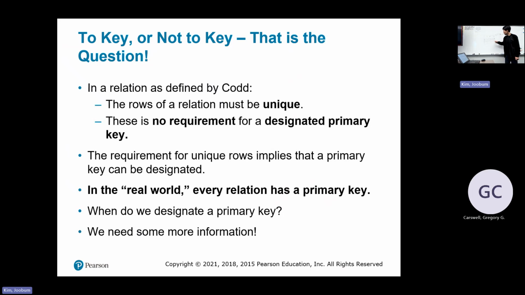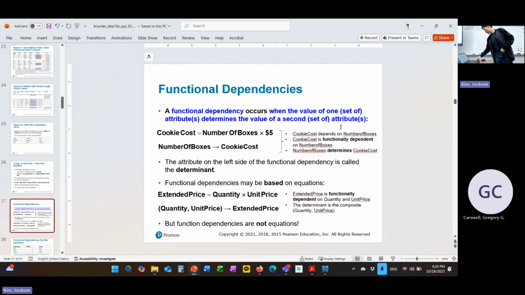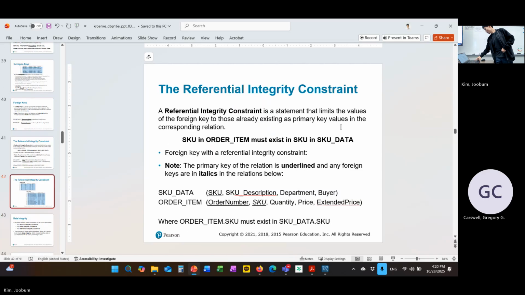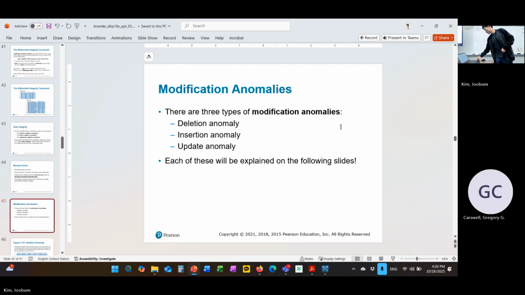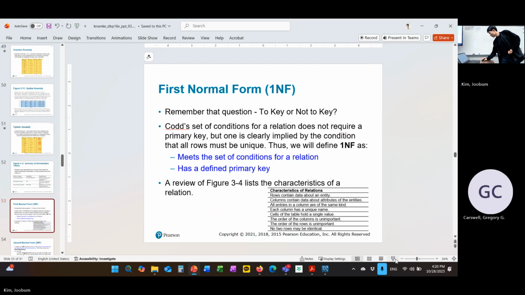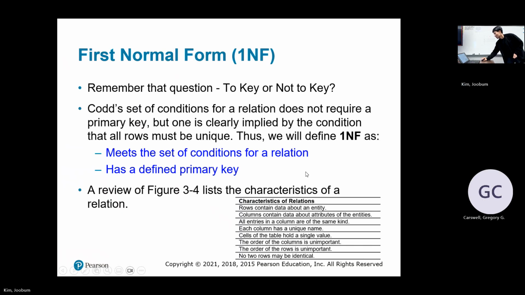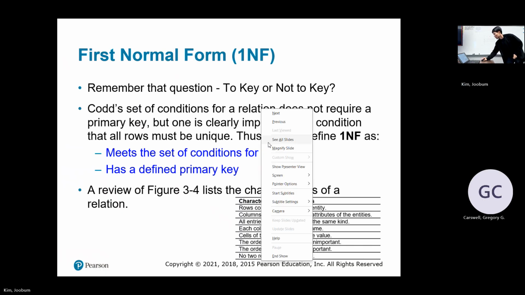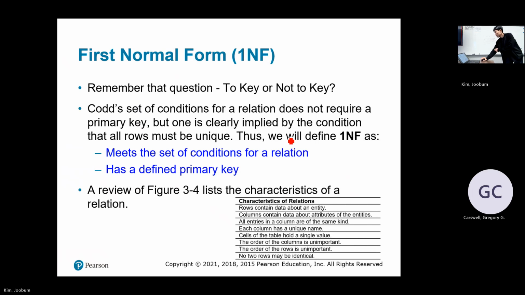So this is his relation definition, but more improved, we require the primary key, with the important condition of uniqueness. Those parts make up the definition of a relation.